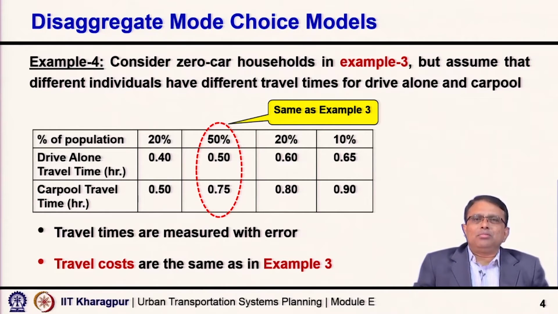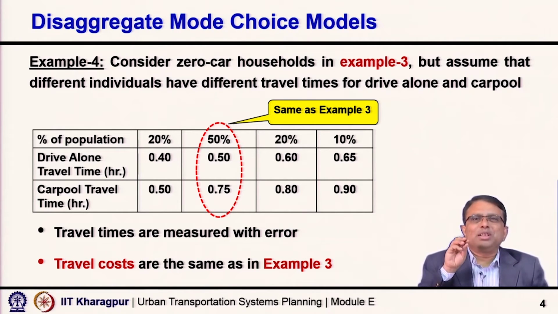Everybody will have this exact 0.5 and 0.75 travel time by drive alone and carpool. That is what was the assumption. But now you consider that everybody may not be staying in the same location, different bands are there.